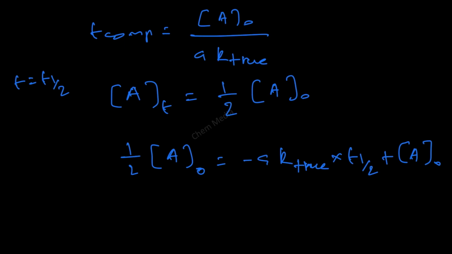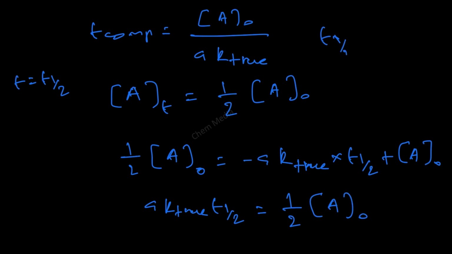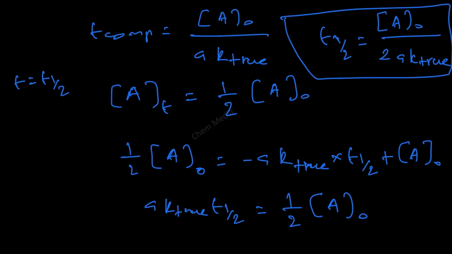So therefore, A times K true T half is equal to half of initial concentration, which means T half is equal to initial concentration divided by 2 times A K true, isn't it?